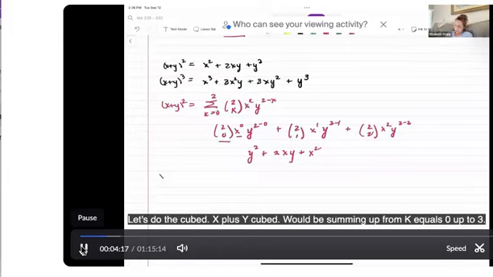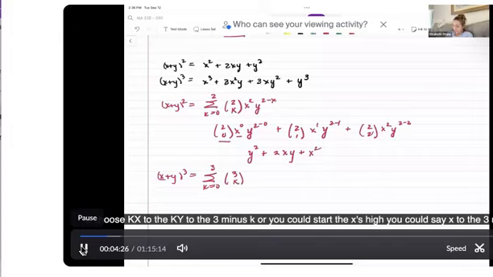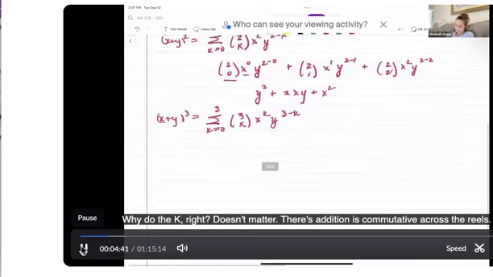Let's do the cubed. X plus y cubed would be summing up from k equals 0 up to 3 of 3 choose k, x to the k, y to the 3 minus k. Or you could start the x's high, x to the 3 minus k, y to the k. It doesn't matter, since addition is commutative across the reals.